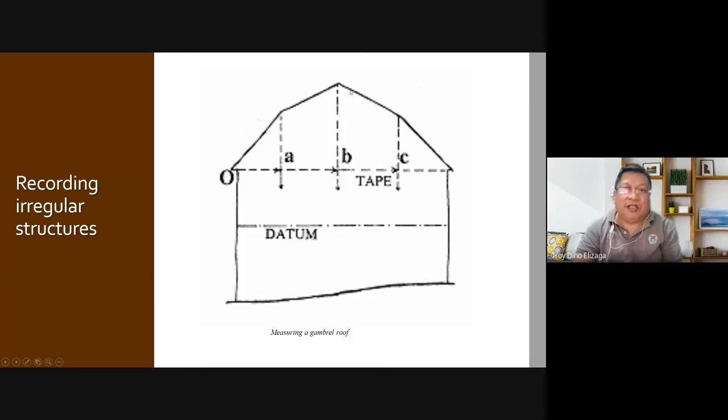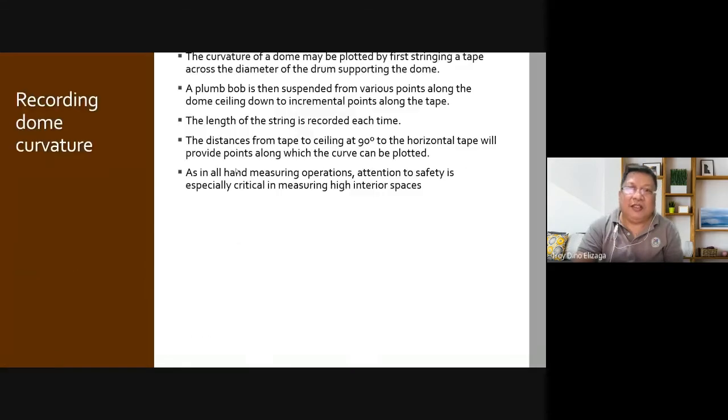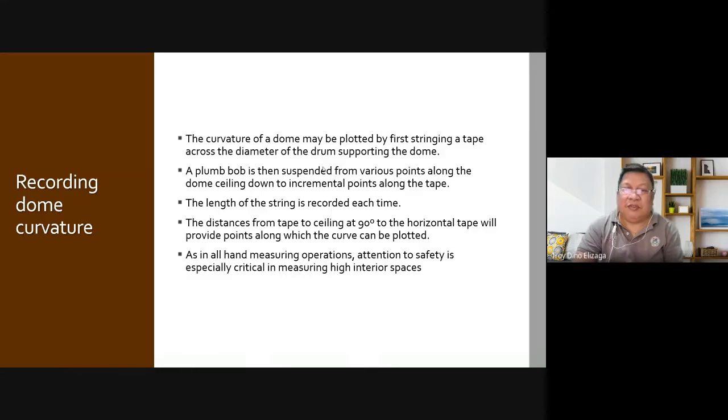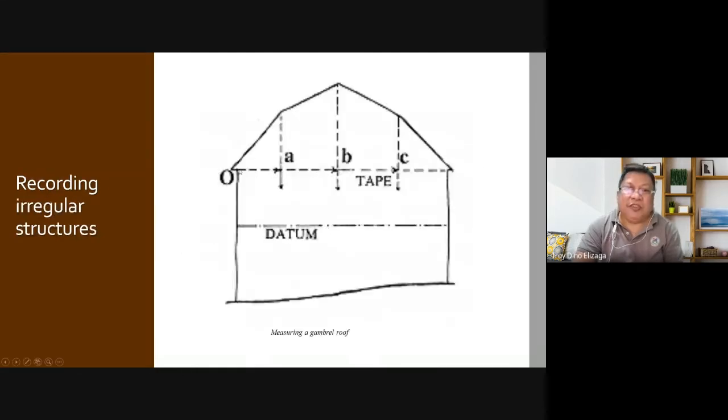So anyway, imagine there's a dome and then you pick points along the dome. And then this line, the horizontal line, is along the spring. How was that described? Well, across the diameter of the drum. So the spring line. So this is the spring line where the dome starts. Okay, so that's how you measure it.